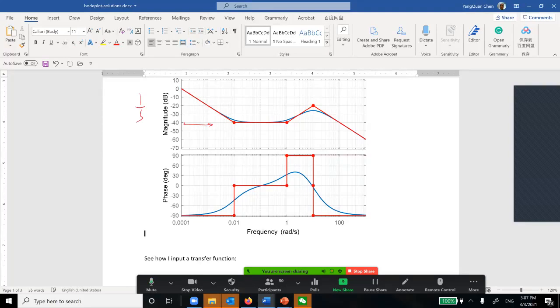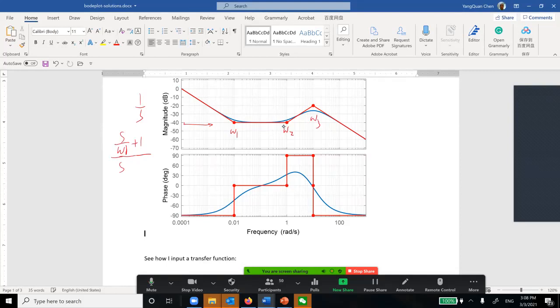So to counteract the integrator, assume this is omega-1, this is omega-2, this is omega-3. At this point, it comes to flat. So that means you have S divided by omega-1 plus 1 term to make this one level. Okay, make sense?